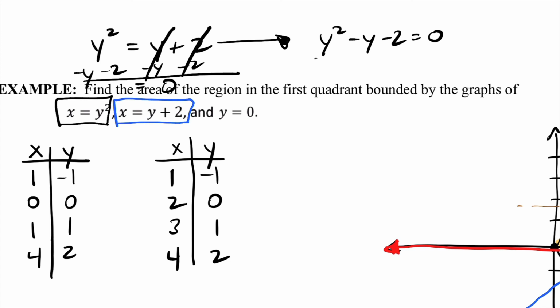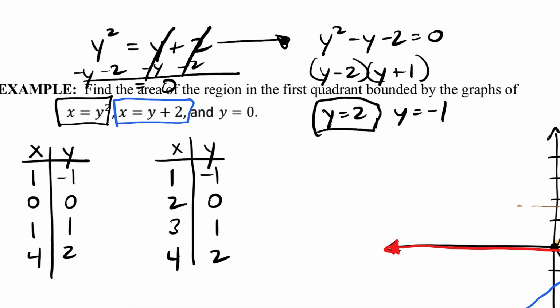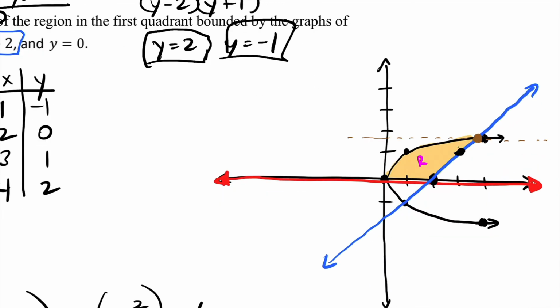Okay, so you factor it, and you're going to get y minus 2, y plus 1. So that means we're going to get y equals 2 and y equals negative 1. So that means that's where they cross. They're going to cross at these two spots here.